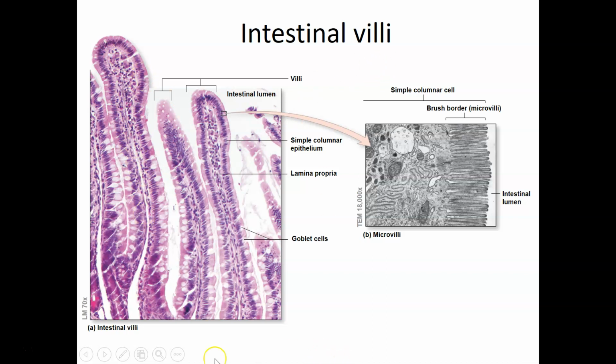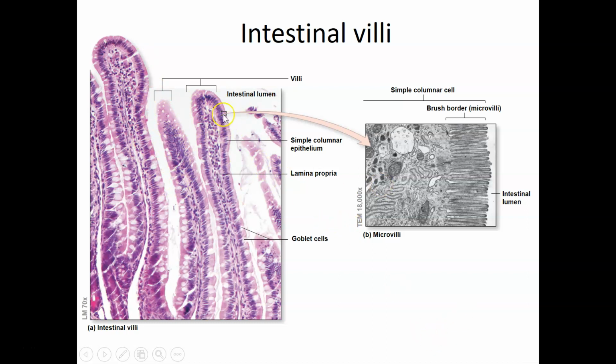You can see these are crowding the inside, and they're sort of swaying in the current of the chyme flowing down the tube. All right, and here the opportunity for contact with materials is the huge surface area that results.